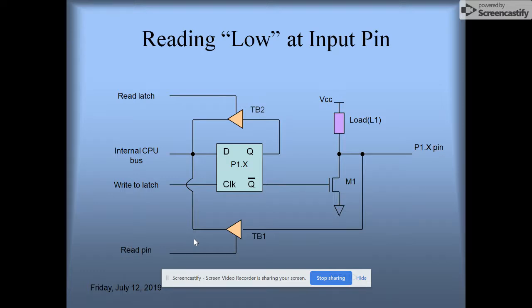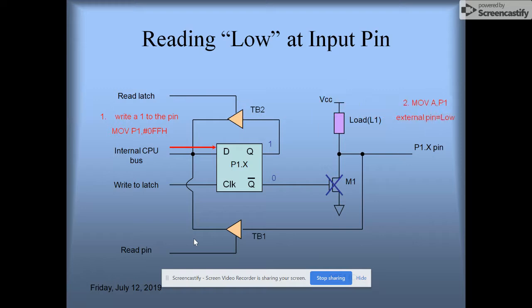Next, reading 0 at the input pin. The same steps are to be followed. First you have to configure P1 as an input port by moving FF to P1. After configuration, when we clock it, the output will be visible at Q and Q bar. Now Q is 1, Q bar is 0, your transistor is turned off.